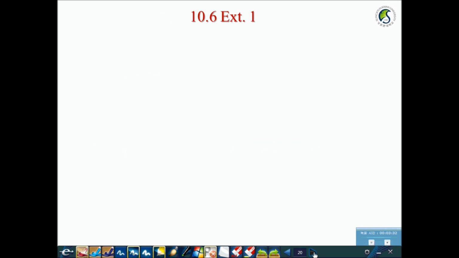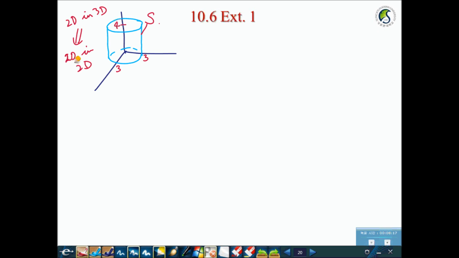I'm going to give you an example first. This is 2, 3, and that's 4. When you have a surface, you have to choose the appropriate coordinates.